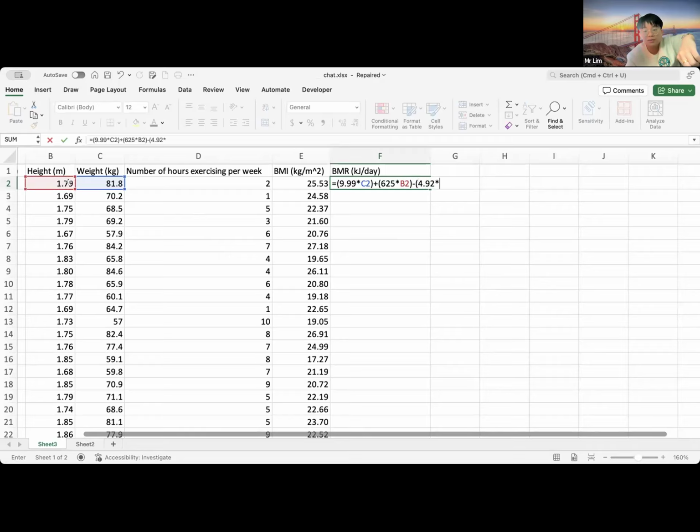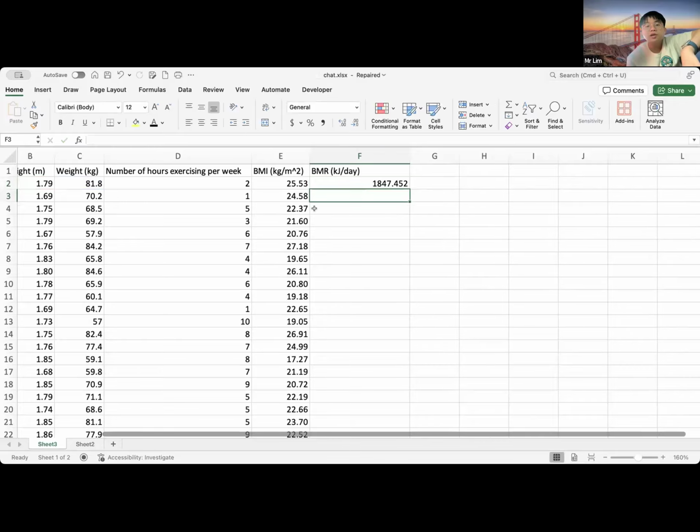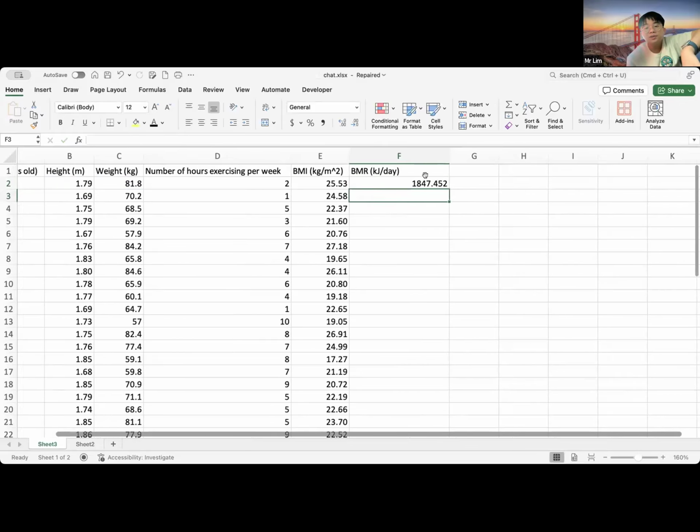Your age is a constant, so this one you can insert manually. Just insert 19 because all of your data are 19 years old. Finally, plus 5. For male is plus 5, later on female is minus 161. So only this part is different.